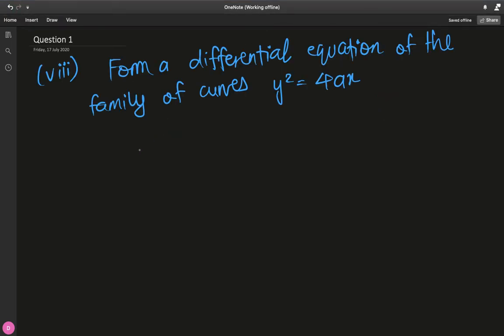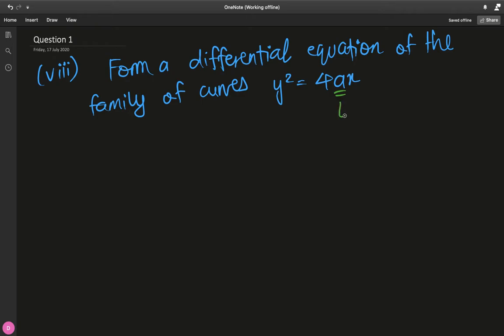Okay, subpart 8, they're telling us to form a differential equation of the family of curves y squared is equal to 4ax. The basic idea of making a differential equation is to check how many constants there are. So a is a constant. How many ever constants there are, those many derivatives we need to take.